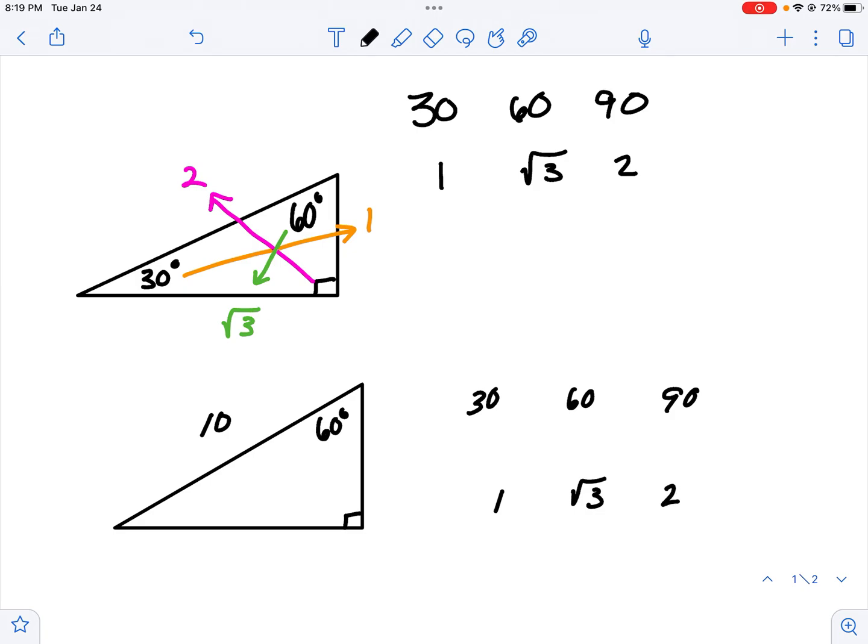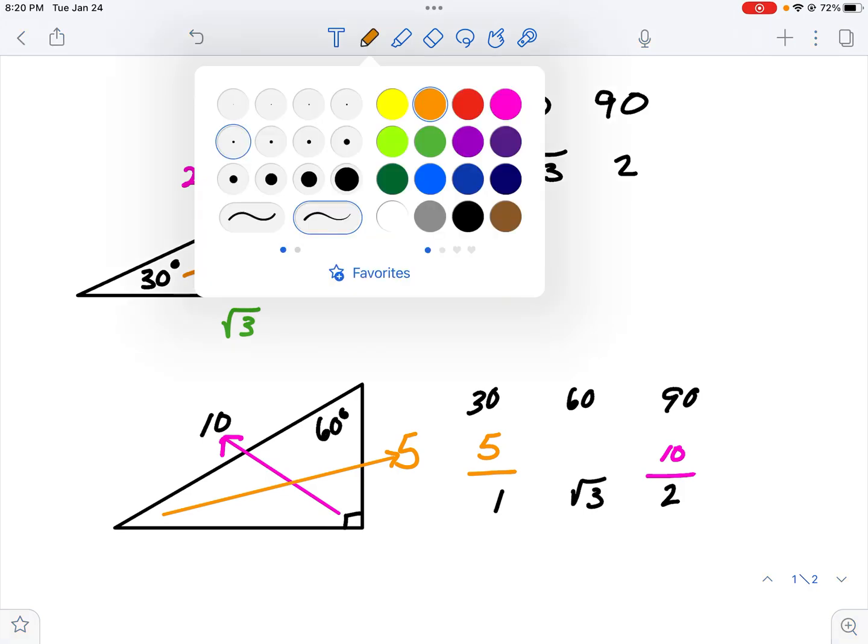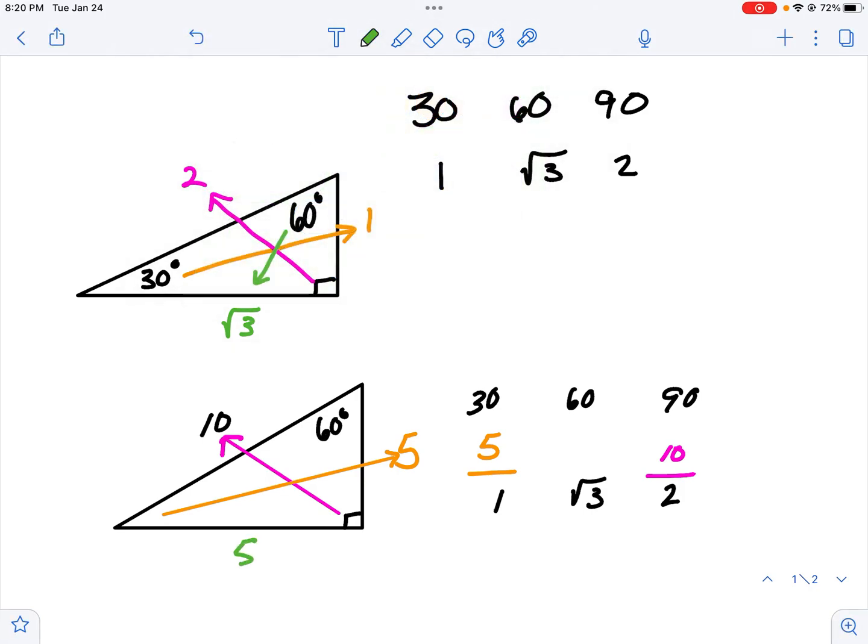And they tell you the piece opposite the right angle, the piece opposite the 90-degree angle, is 10. Then the short leg, the piece opposite 30 degrees, is half that size. So it has to be 5. And if it's 5, then the piece opposite the 60 degrees has to be 5 root 3.